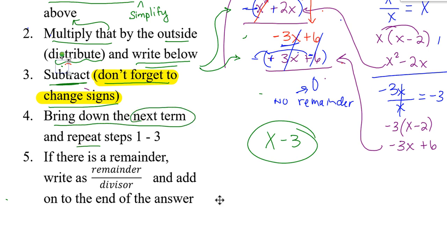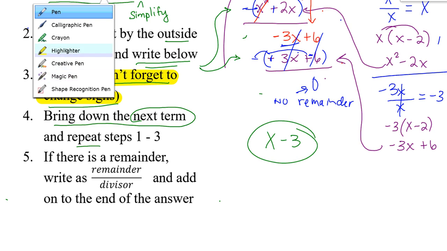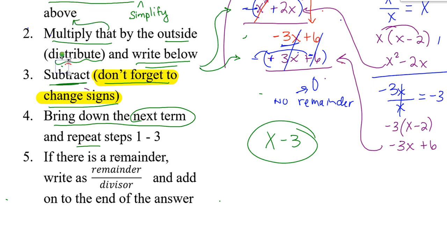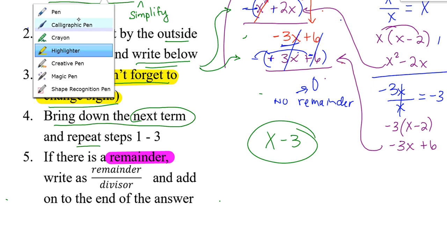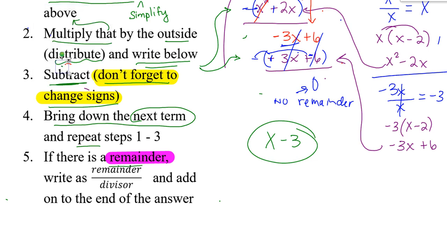If there's a remainder, and I'll show you an example with a remainder, you're going to write that remainder as this, the remainder over the divisor. This is the outside guy. And you add it on to the end of the answer.